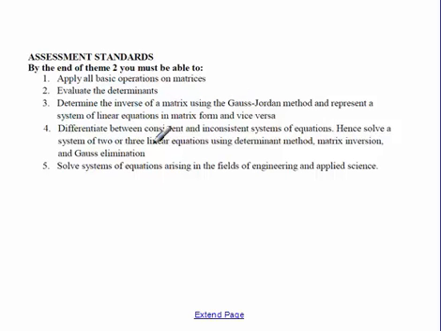Then differentiate between the consistent and the inconsistent system of equations. We are going to see that when we solve the equations. We've solved some questions, but we haven't really encountered a problem where it gives us an inconsistent system. We're going to discuss that. Then the rest is just applying matrices in whichever situation you are dealing with. Is that right? Okay. So let's start this way.